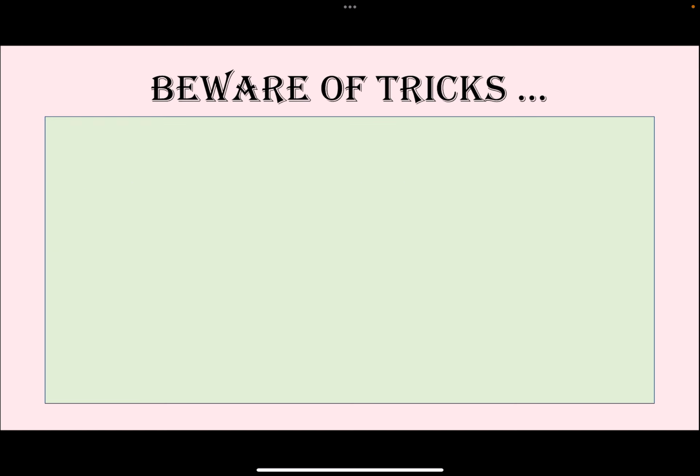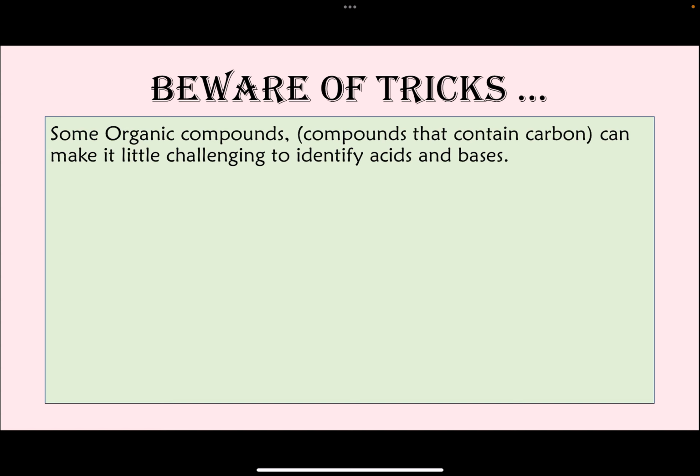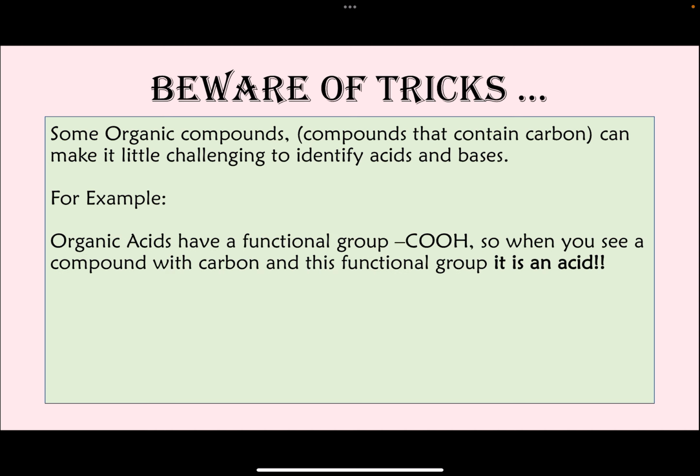Just one very quick thing to remember as you are trying to identify your acids and bases is that there are some organic compounds that look very similar to acids and bases, and they can make it hard for you to differentiate. For example, we have organic acids that have the functional group COOH, so they are drawn like this.